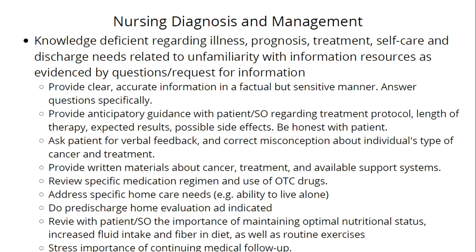Nursing management include providing clear, accurate information in a factual but sensitive manner, answer questions specifically, and provide anticipatory guidance with patients or significant others regarding treatment protocol, length of therapy, expected results, possible side effects, and be honest with the patient. Ask patient for verbal feedback and correct misconception about individual's type of cancer and treatment.